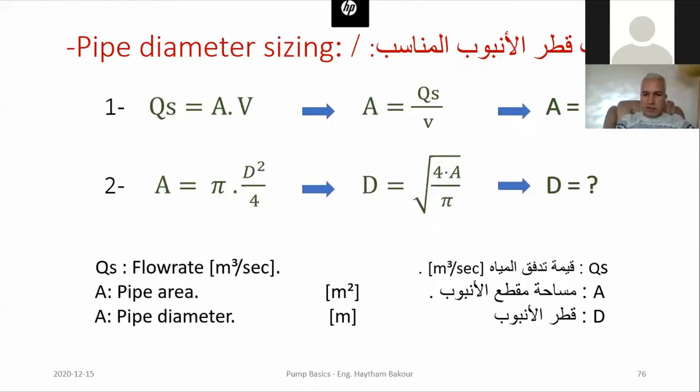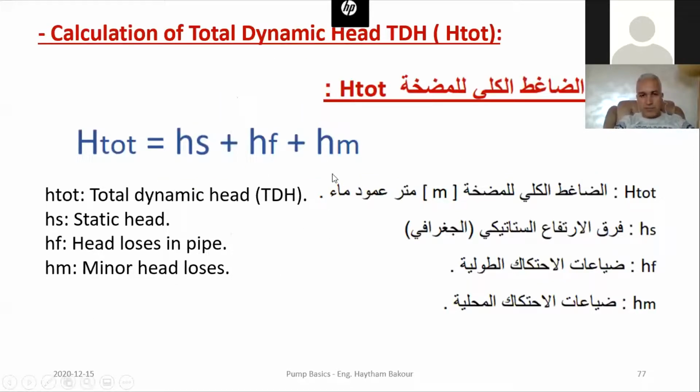So to calculate the total dynamic head, H total equals H static, the static head, plus HF, which is the head losses in the pipe, plus HM, the minor head losses.